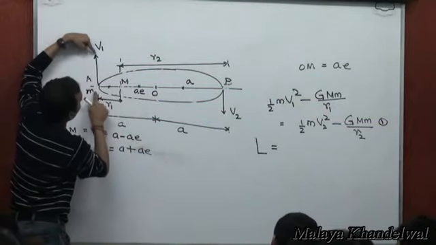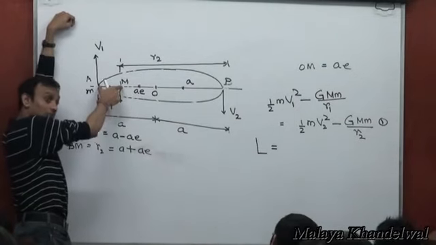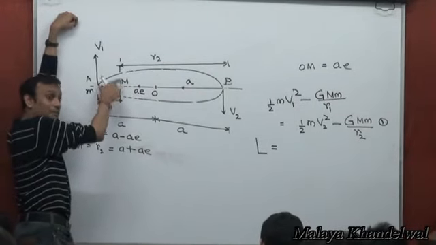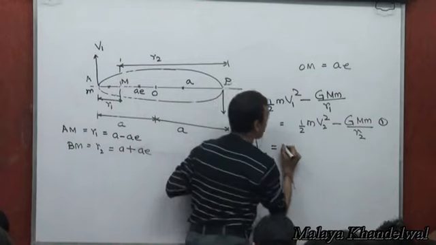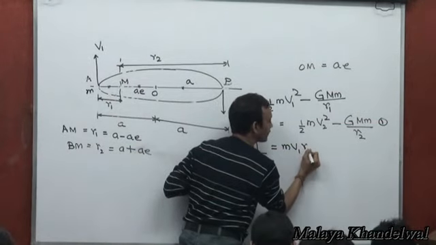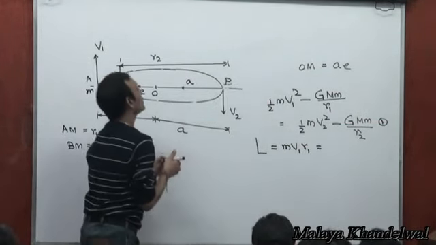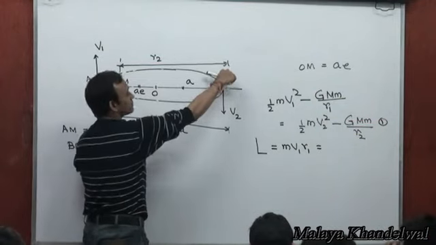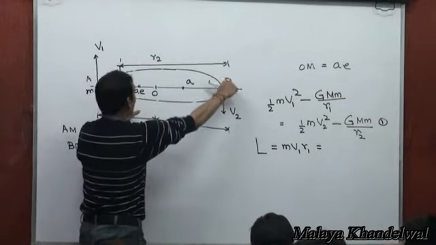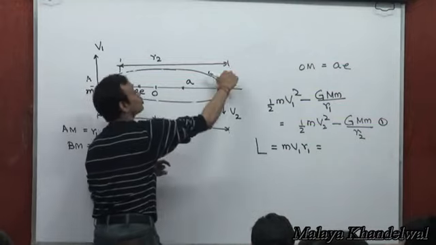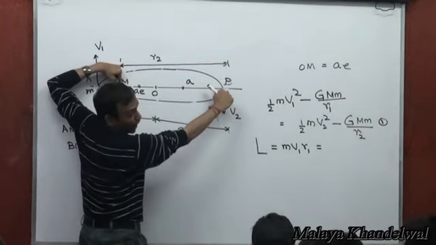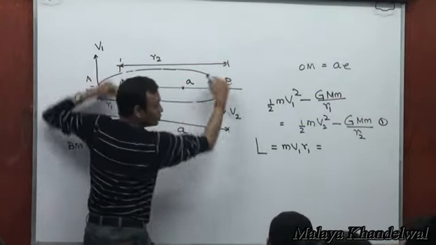So small m v1 into R1 is the angular momentum about capital M at A, which in turn must be the angular momentum at B about M, which is going to be m v2 into R2.